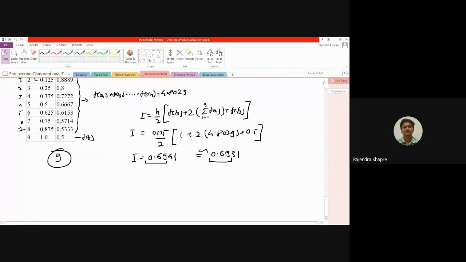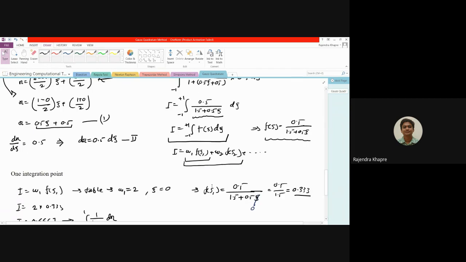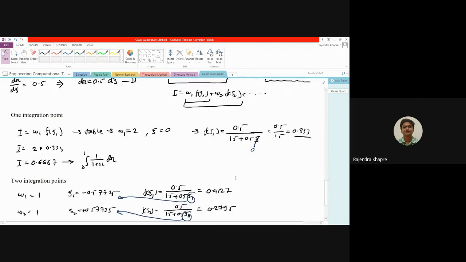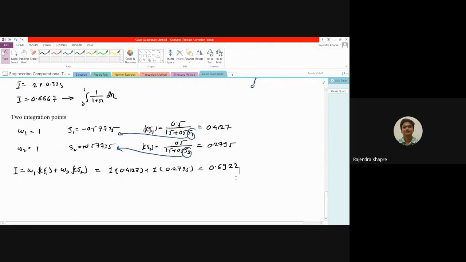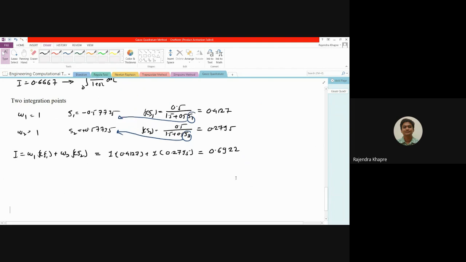It was 0.6931, and here it is 0.6922. So you see things are very simple. You just have to convert a given equation into the equivalent xi equation, and then use either 1-point, 2-point or 3-point integration, whatever you feel is better. For this problem the 2-point integration gives you a fair result.